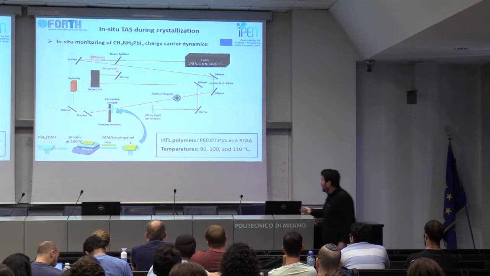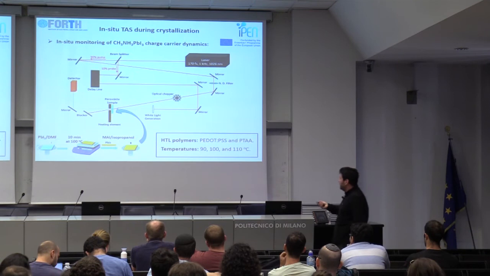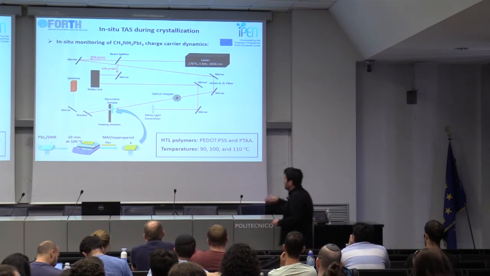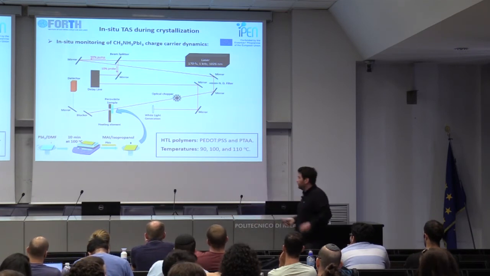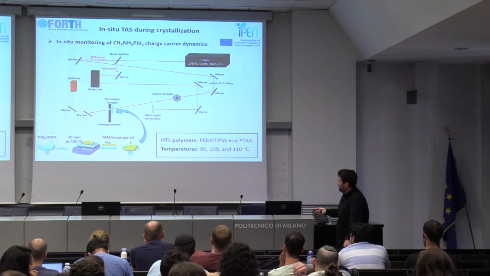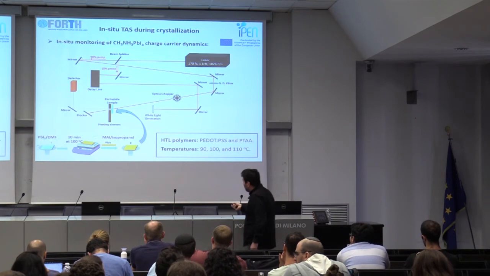So how this is done, basically we use exactly the same test setup, but instead of having the sample holder cell, now we use a heating element within the sample holder cell. So the deposition of the precursors is exactly the same.